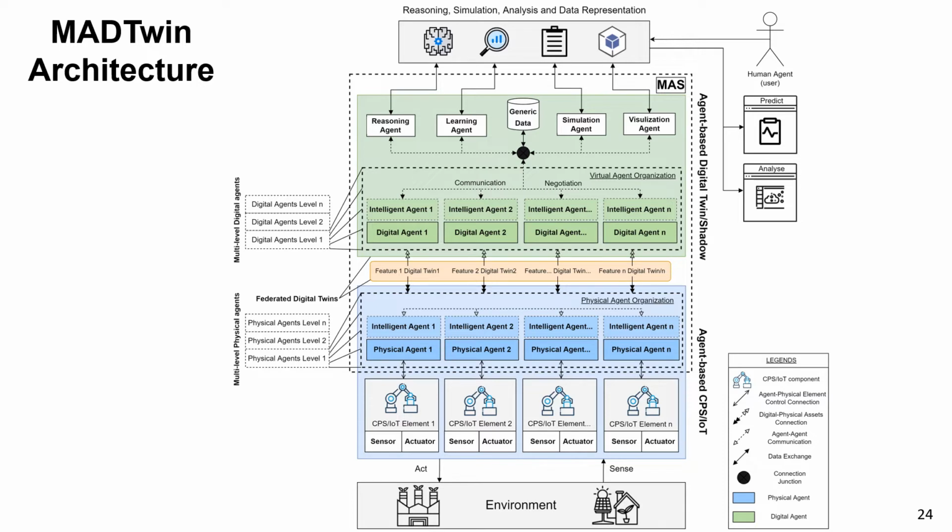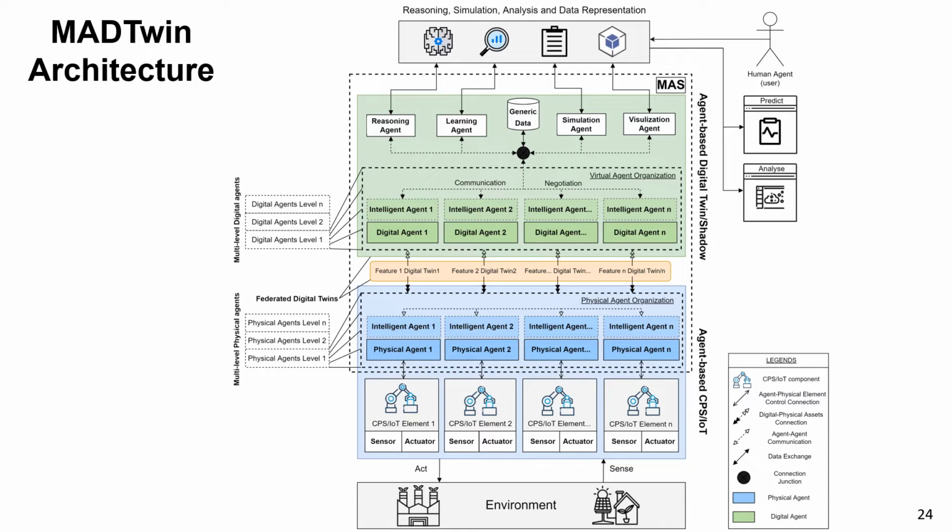The physical agent controls all the processes and operations of this physical system, and accordingly this physical agent has its counterpart in the layer above, called the agent-based digital twin shadow layer, and it contains all the digital assets.